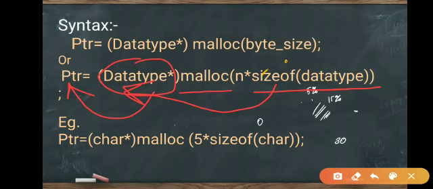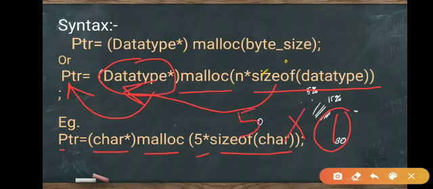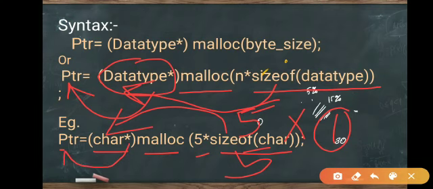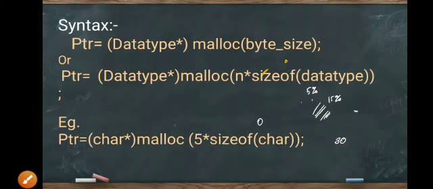Example I have given here: ptr = (char*)malloc(5 * sizeof(char)). What is the size of char? That is 1, into 5. The whole 5 bytes will be consumed here, and these 5 bytes will be typecasted into char, and that will be stored in this pointer.